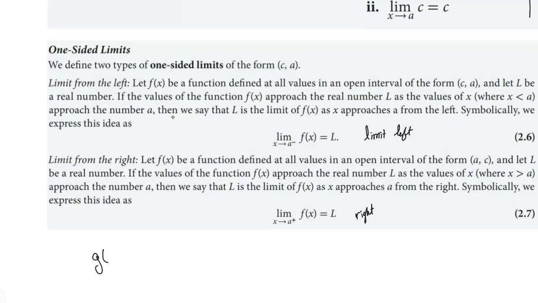Let's go back to one of our absolute value examples. Let's say we're looking at the function g of x equals the absolute value of x minus 1 over x minus 1. When we graphed this before, it looked like this.